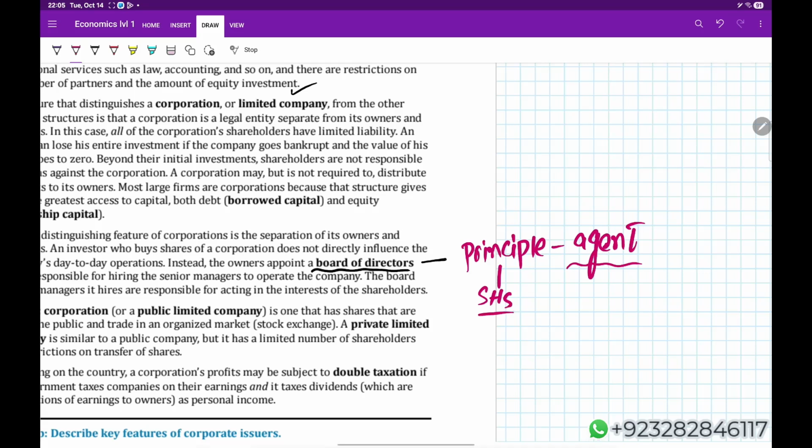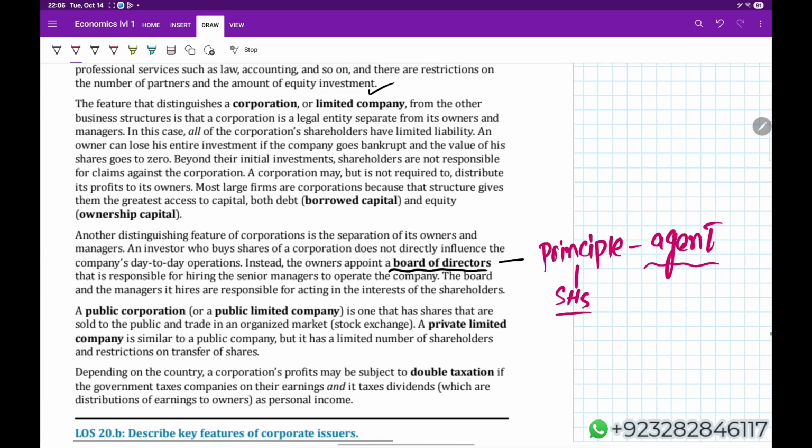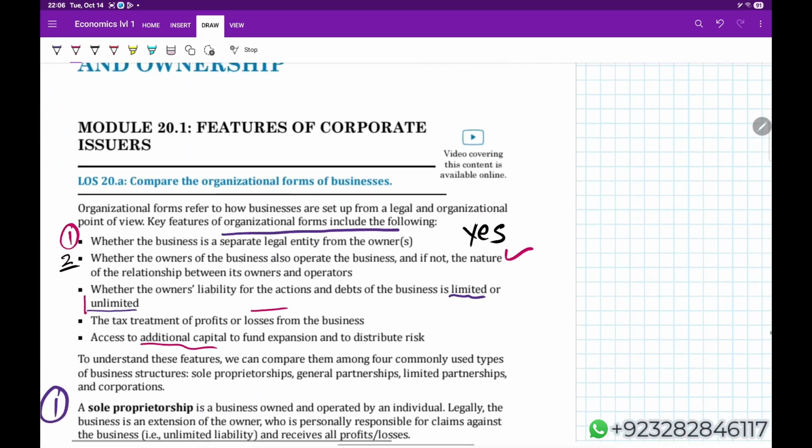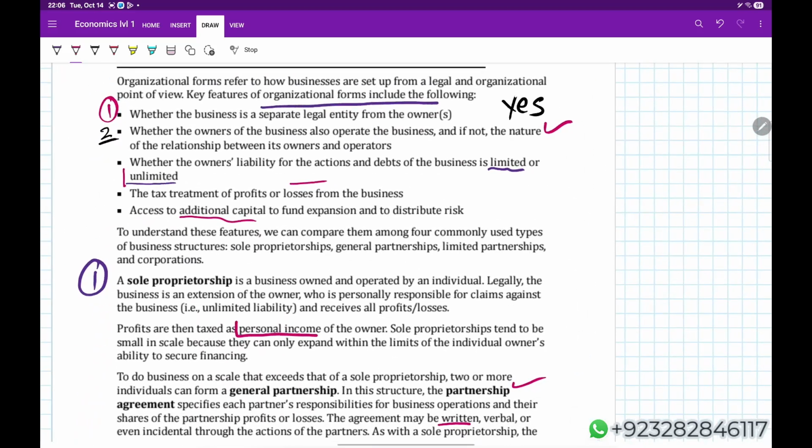So what is their job? Their priority of interest is the shareholder. Their fiduciary duty is to act in the best interest of shareholders. So that is the second point on companies: who operates the business and what the relation is. I have discussed already that the liability status is limited from the company's perspective. Tax treatment.